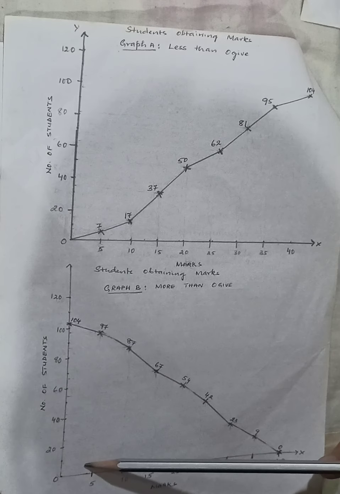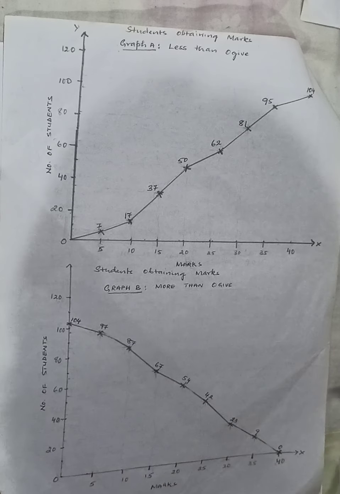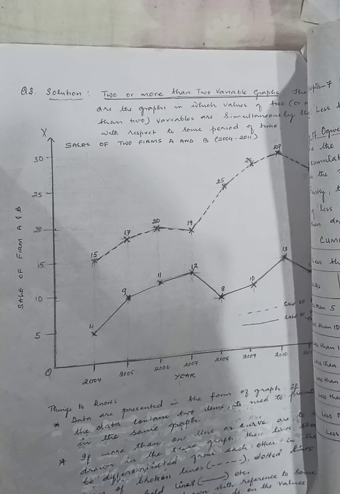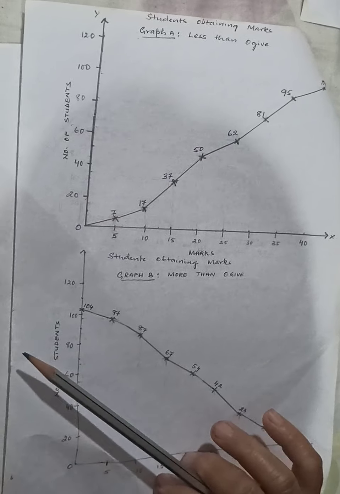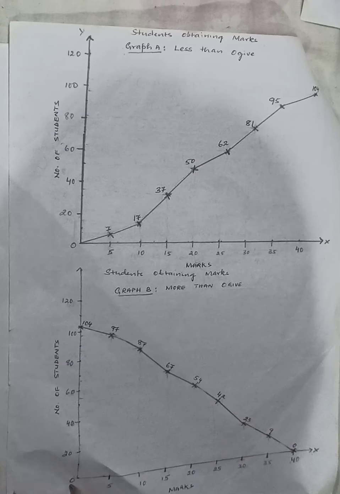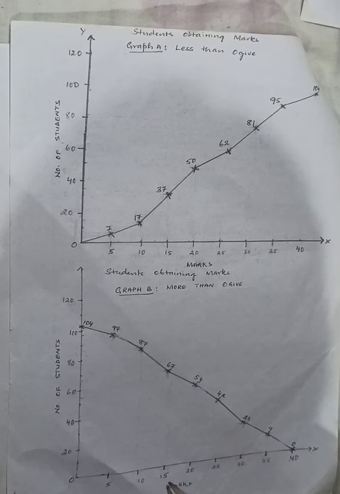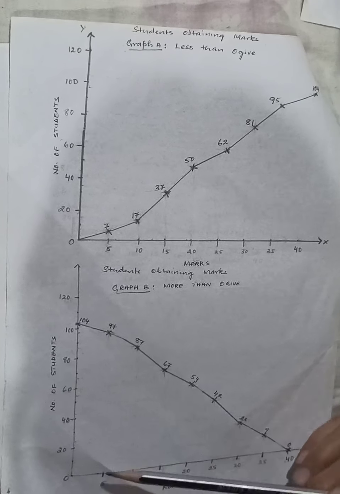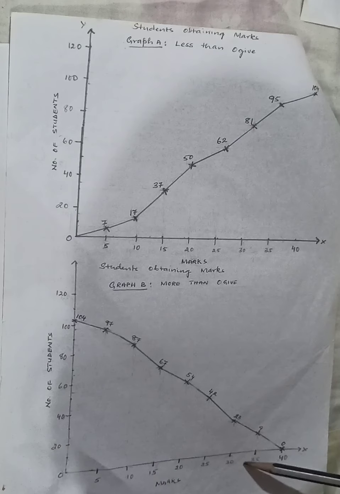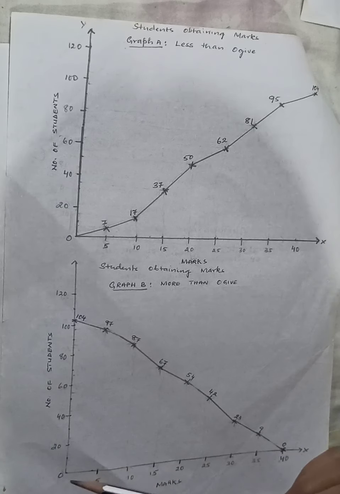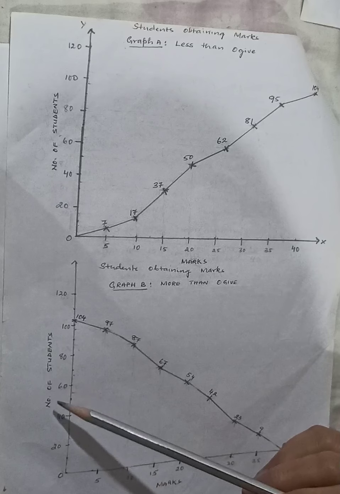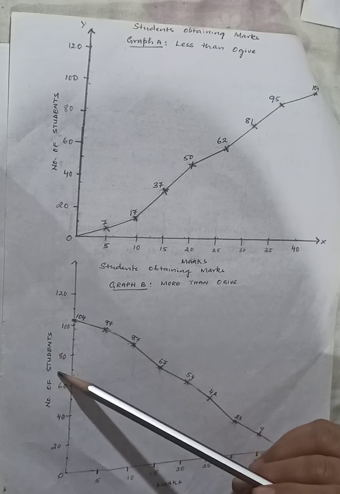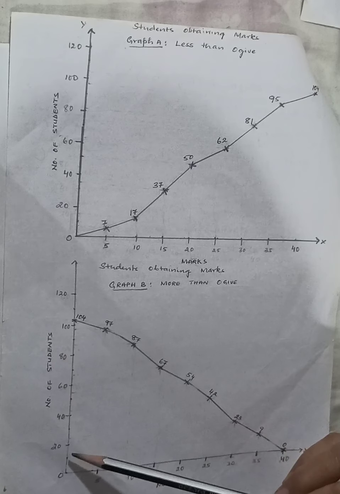Here in the table we are getting more than 0, more than 5, more than 10, more than 15. We are taking these from the cumulative table as marks, and the OY axis is the cumulative number of students.